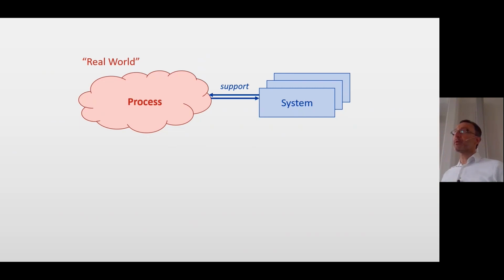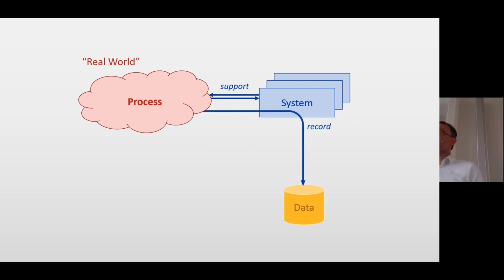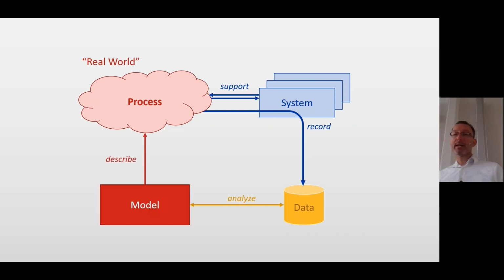They're there to support these processes, but sometimes also the processes support these systems. What matters for us is that through these systems, we can record data and we can analyze this data to obtain models or compare the models that we have with the data. And these models are there to describe the processes, but also to improve them. This is a picture that Wil van der Aalst created, I don't know, 15 years ago, and it's still valid.